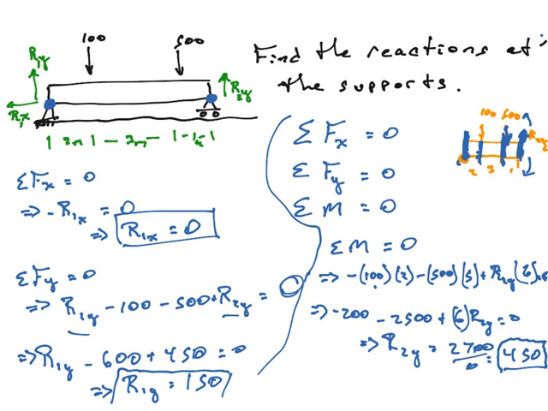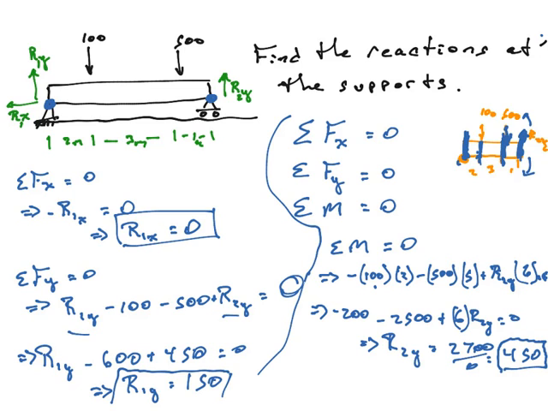And this is basically how all the problems are going to go. Now, you're going to have different systems. Some you might have a square plate. Some you might have some fancy looking bridge. At the end of the day, you're going to have some set of supports with some load of forces on the system. You want to know the reactions at the supports?